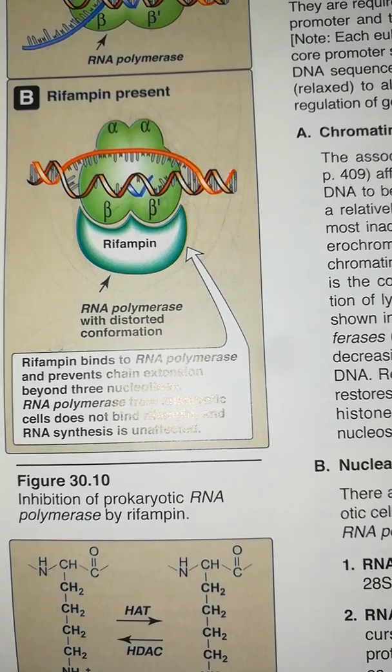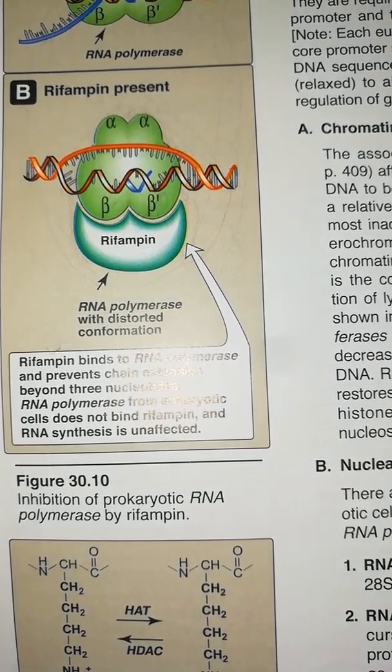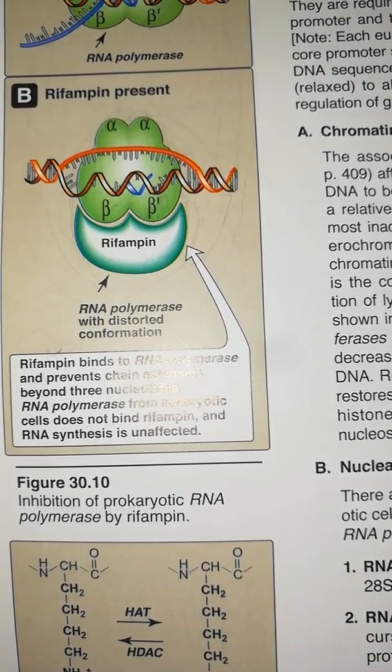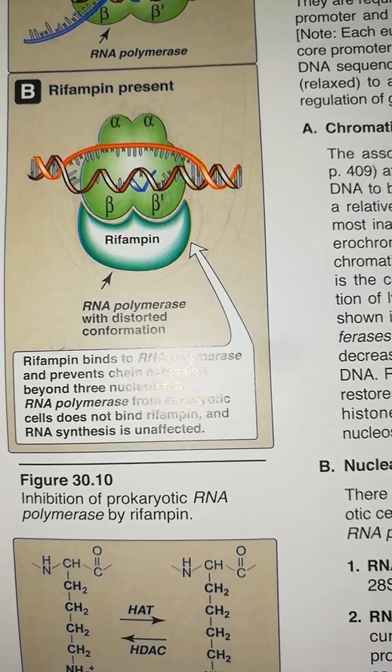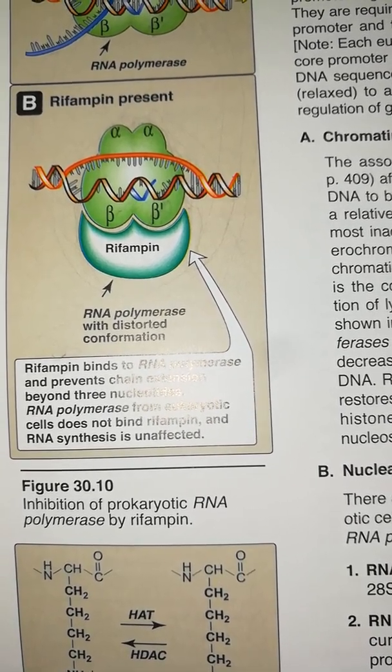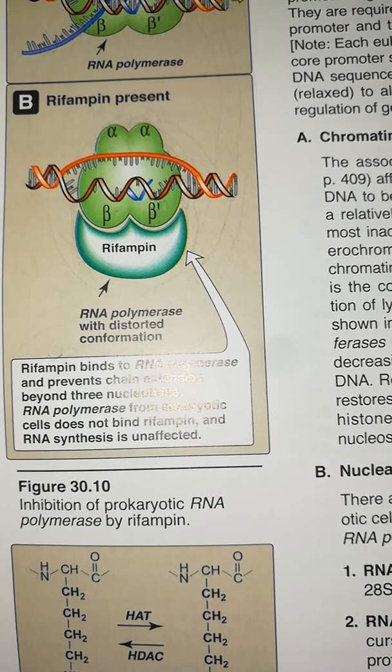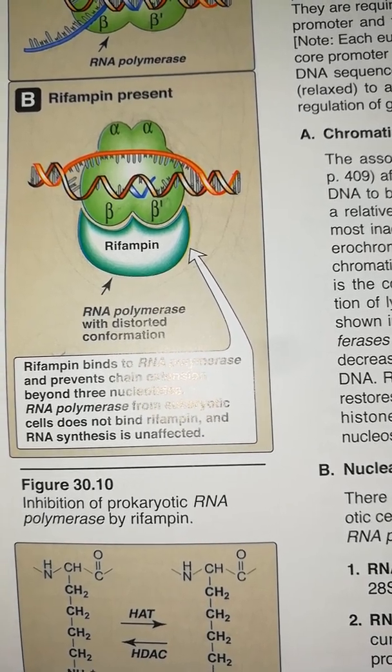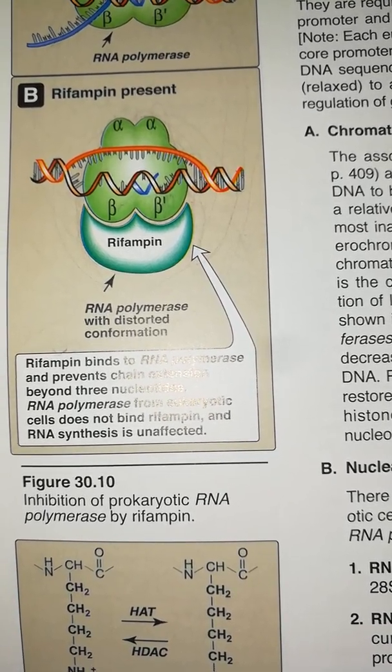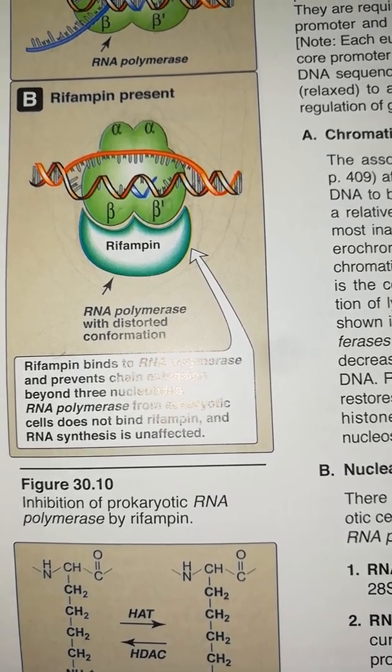So ultimately, the RNA synthesis process is inhibited. RNA is used in protein synthesis. Protein synthesis is not possible. So ultimately, bacteria are killed, or Mycobacterium tuberculosis is killed. We get rid of tuberculosis-like disease.